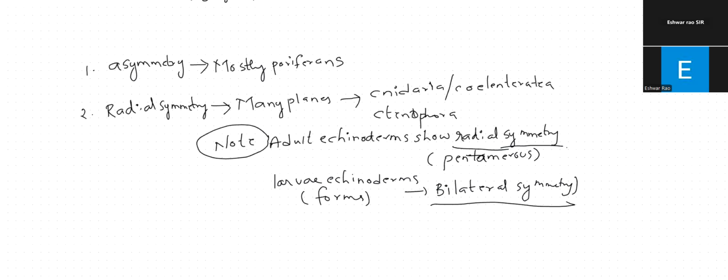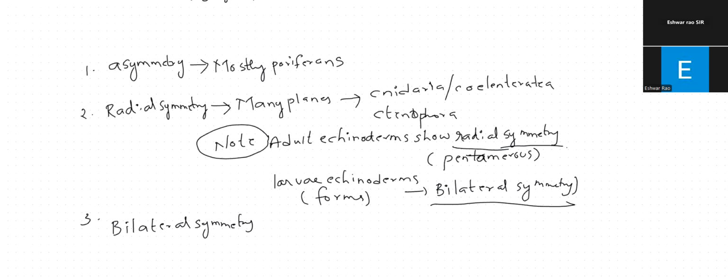Then the third one, bilateral symmetry. Where is this bilateral symmetry exhibited?